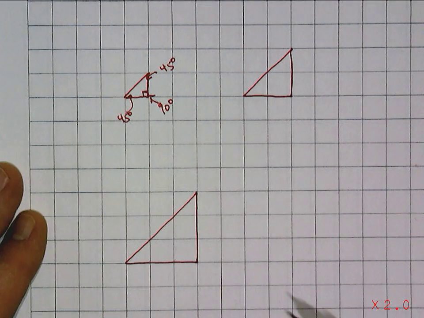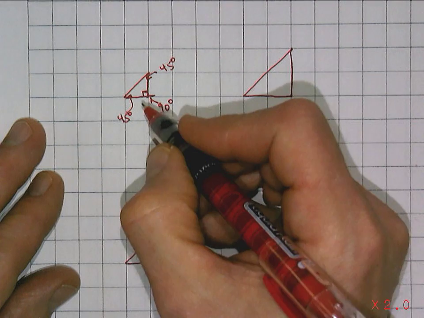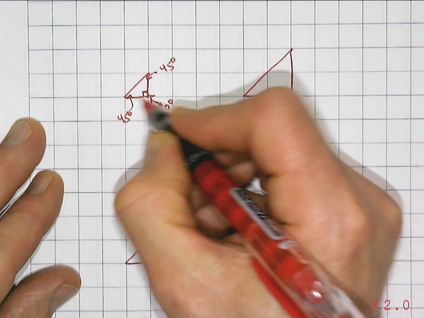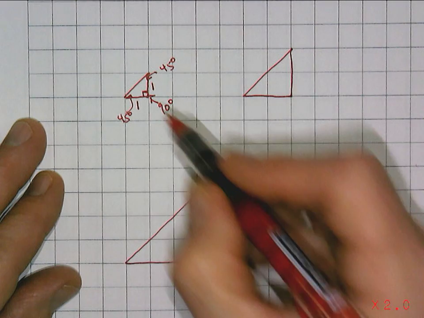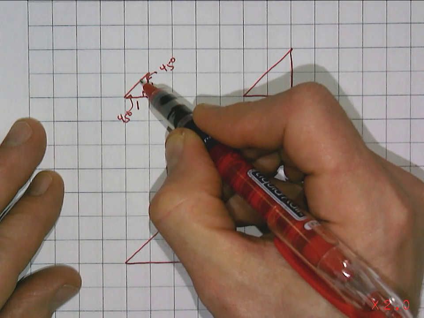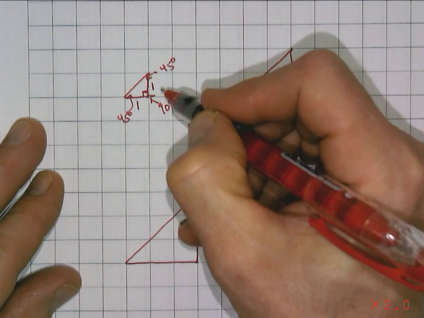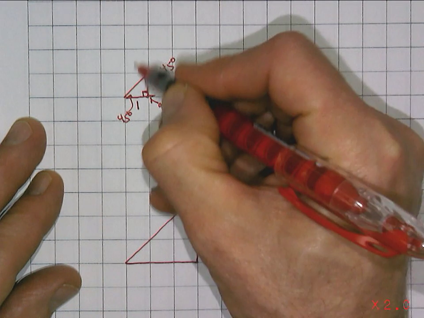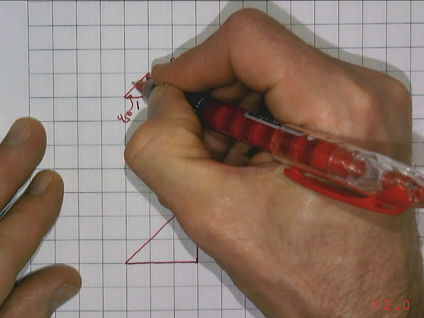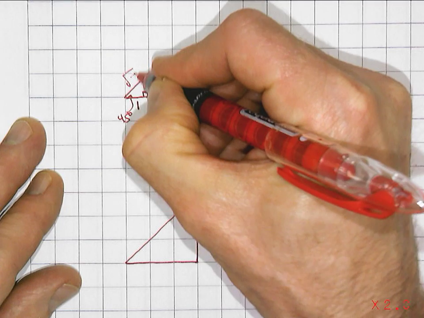Now one of the things that happens with a 45, 45, 90 triangle is the side lengths here are 1 and 1. The hypotenuse, the long side here, would be 1 squared, which is 1, and 1 squared, which is 1. So the area of the square out here would be 2, so the length of this side would be the square root of 2.